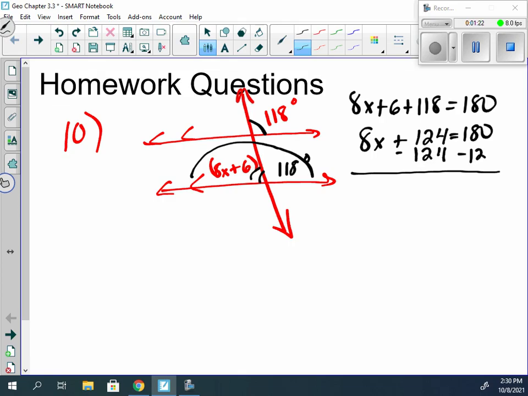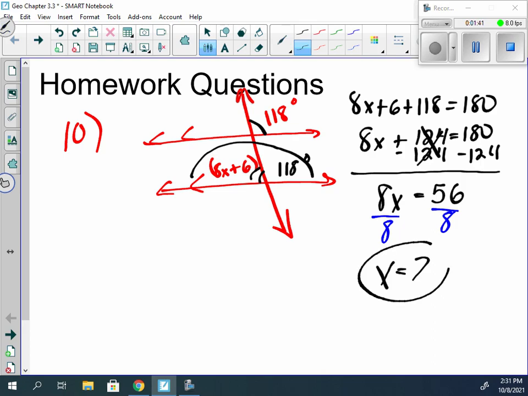Minus 124 from both sides, because 124 minus 124 would be 0. So we're left with 8x is equal to 56. And at this point, we can divide both sides by 8, which tells us x is equal to 7.